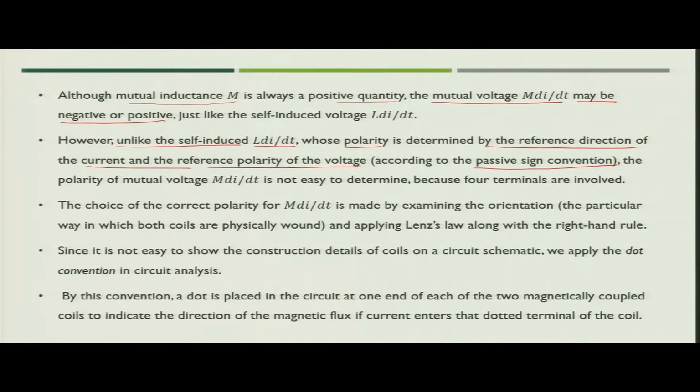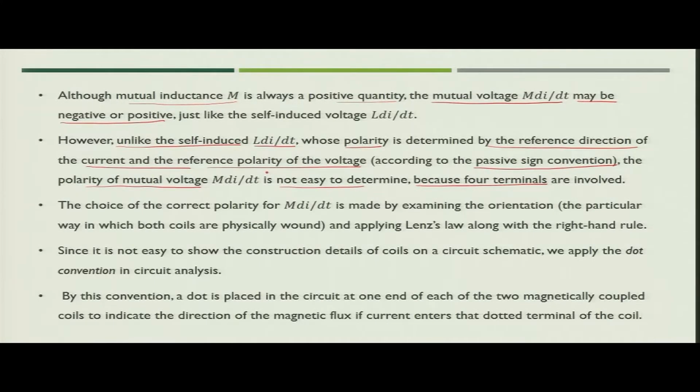Now, for the polarity of mutual voltage, that is M di by dt, it is not that easy, because it involves 4 terminals: 2 terminals of coil 1 and 2 terminals of coil 2. Since we have 4 terminals, we cannot use the passive sign convention directly.